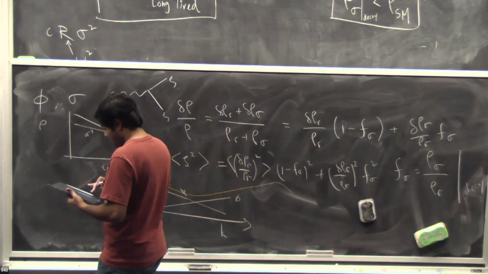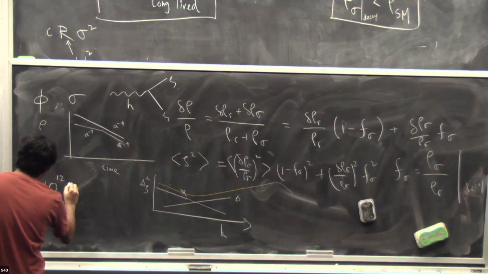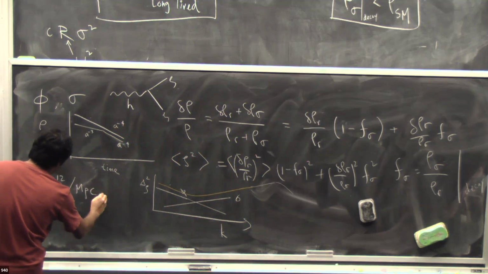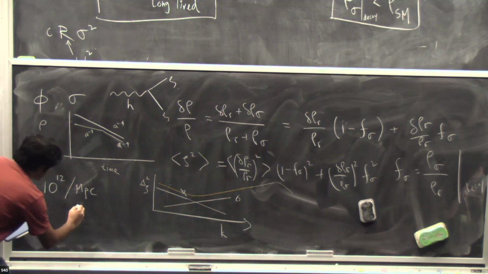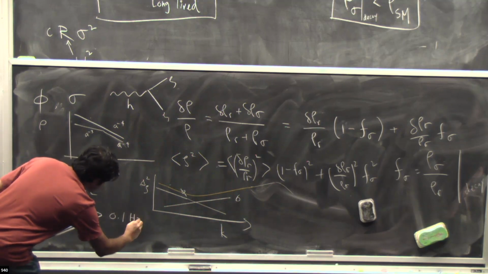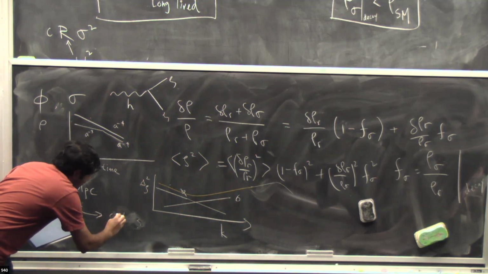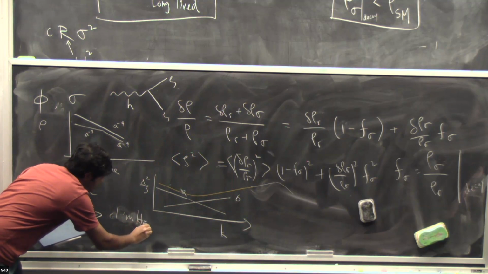And just to give you the conversion factor, k of about 10 to the 12 inverse megaparsec corresponds to a frequency of about 1 millihertz.